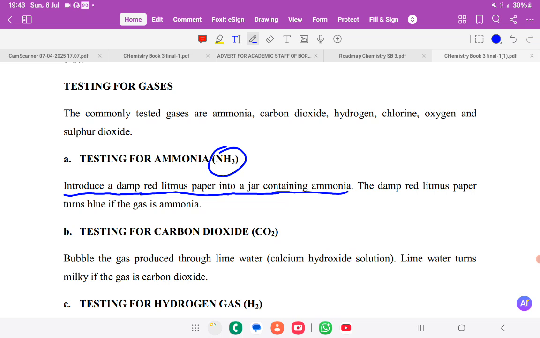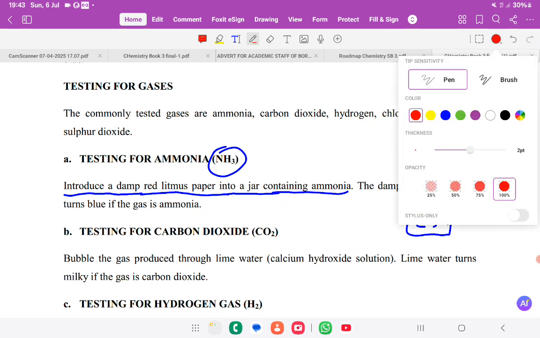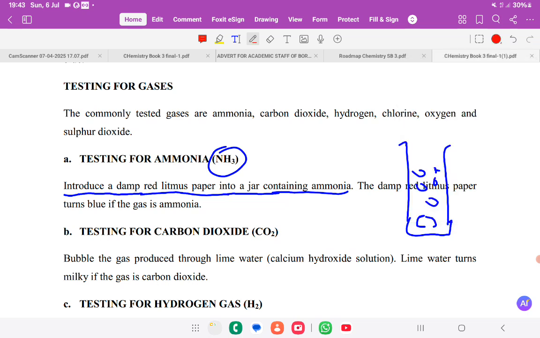Let's suppose that this is the gas jar in which there is a gas. You don't know yet what the gas is. So let's say these are gas particles.